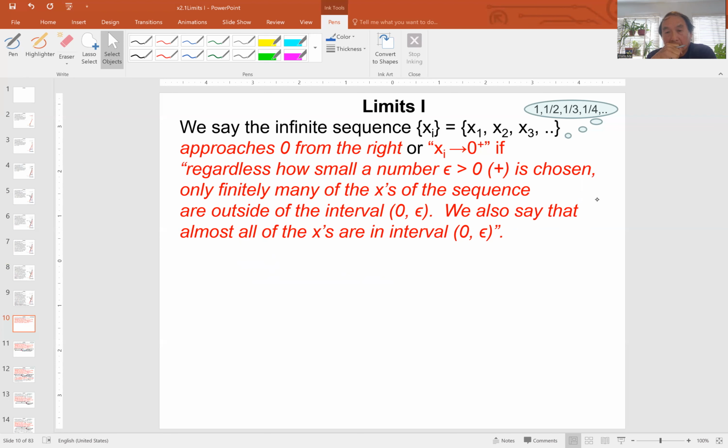We can conceptualize an infinite sequence, and in this case the sequence is shrinking: 1/2, 1/3, 1/4. In particular, they shrink to 0 from the right-hand side. First, they shrink to 0, and secondly, they stay on the right-hand side of 0.